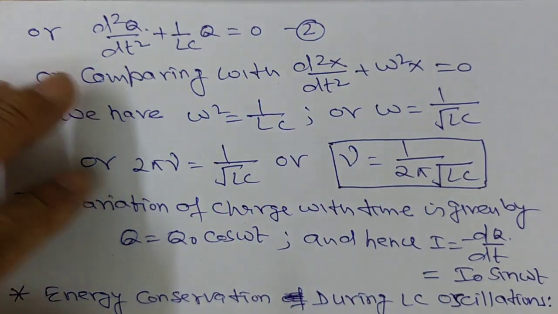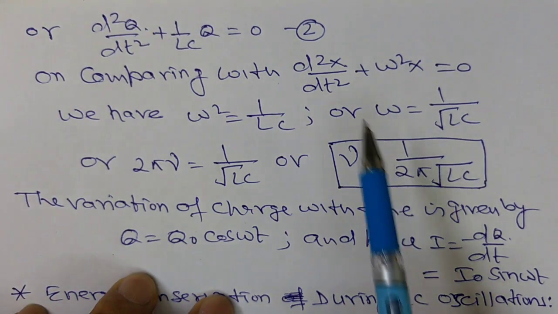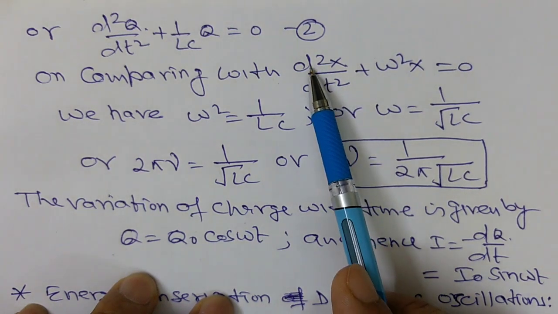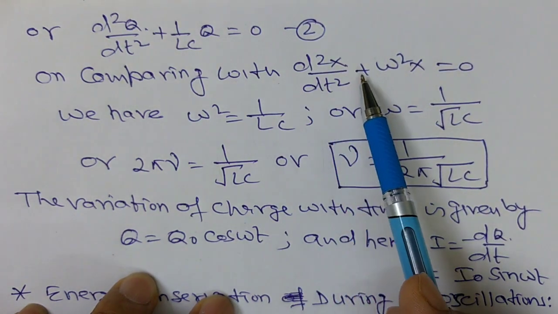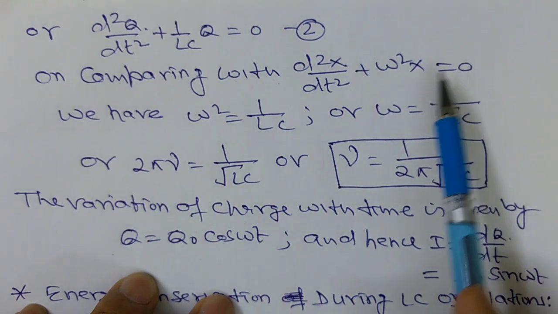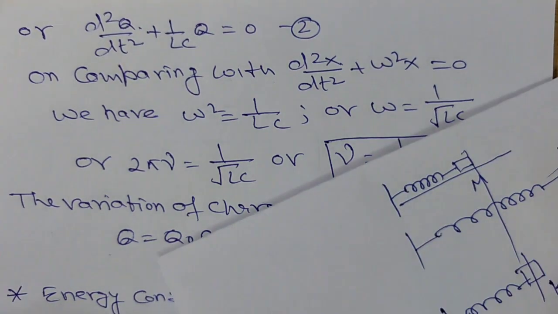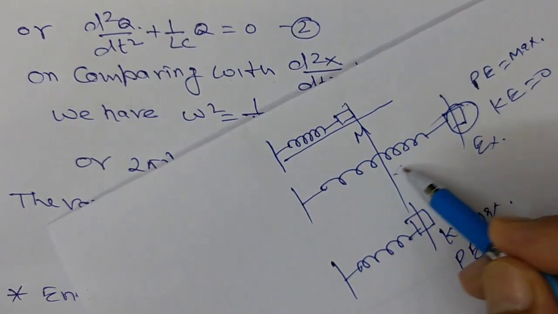Now on comparing this equation with the standard equation of oscillations, this is d²x/dt² + ω²x = 0, right? Here this x is this displacement through which this block is displaced, right?